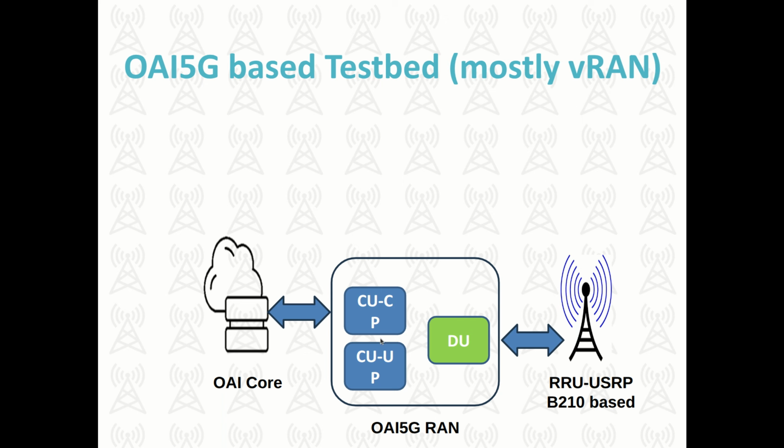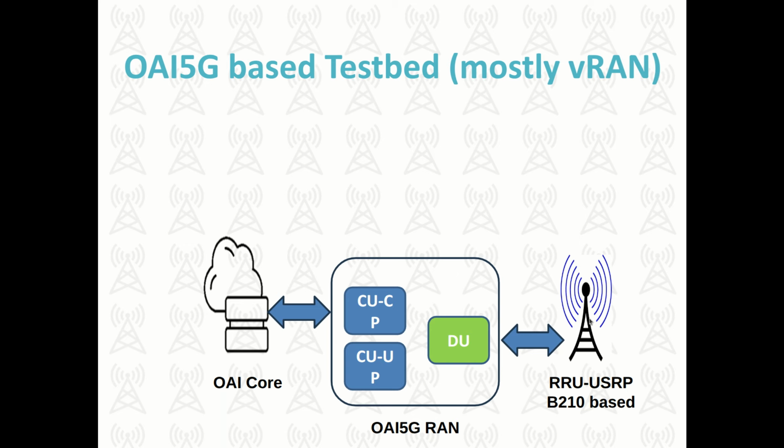And then the RAN part is basically the monolithic one without split 7.2, everything gets implemented in Ubuntu. So you have both the F1 split and a CUDU type of architecture. You can actually run CU and DU on separate machines also, right? So depending upon your requirement, and then the radio part all gets implemented by an SDR.